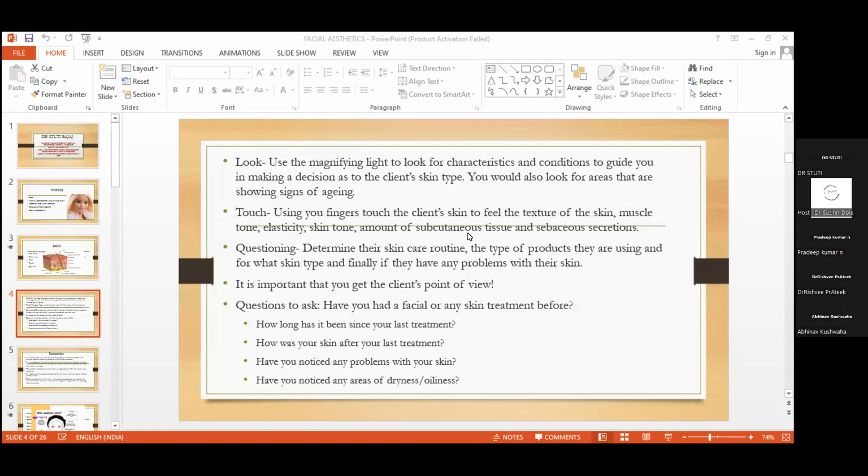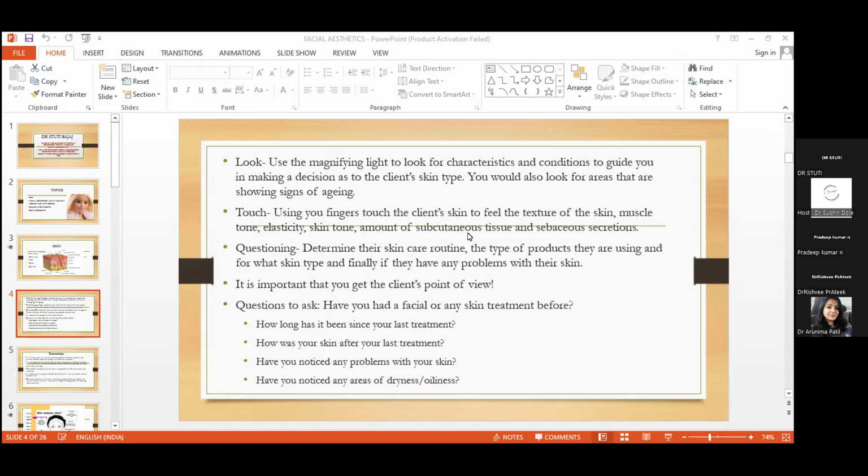Touch, with the fingers, you can feel the muscle elasticity, tone, skin tone, the aging part, anti-aging part, everything on the patient's face. Questioning covers their skin routine, the products they are using, and finally whether they have any problems with their skin which they want improved. So these are the questions you can ask your clients.